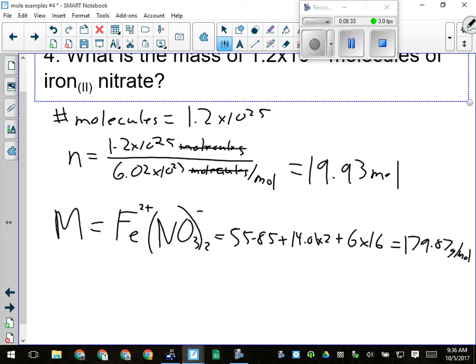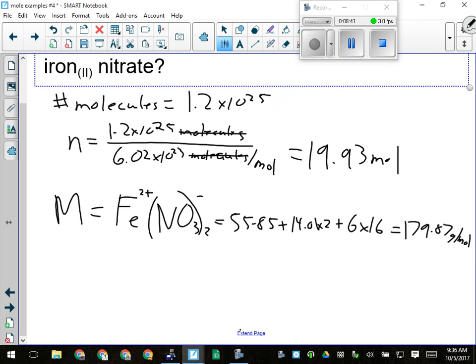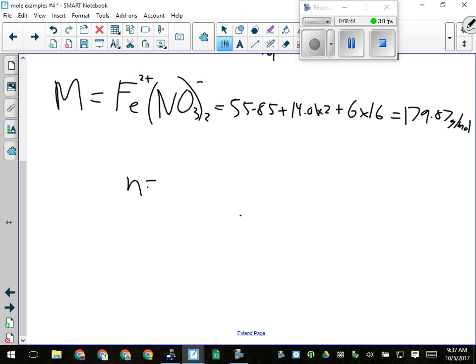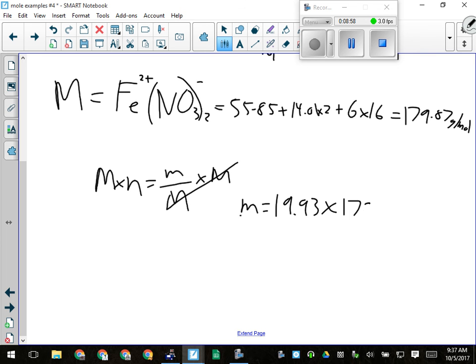Now, what's my next step? I haven't used the mole equation yet. So N equals little m over big M. I'm looking for little m, so multiply both sides by big M. Little m is going to equal our 19.93, the number of moles with all the decimals, multiplied by 179.87, the mass of 1 mole.